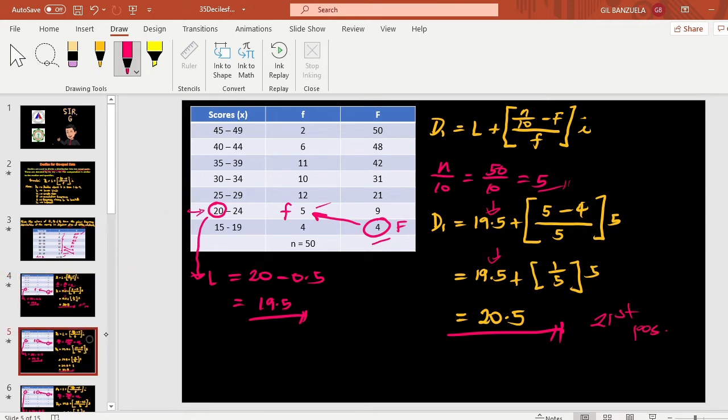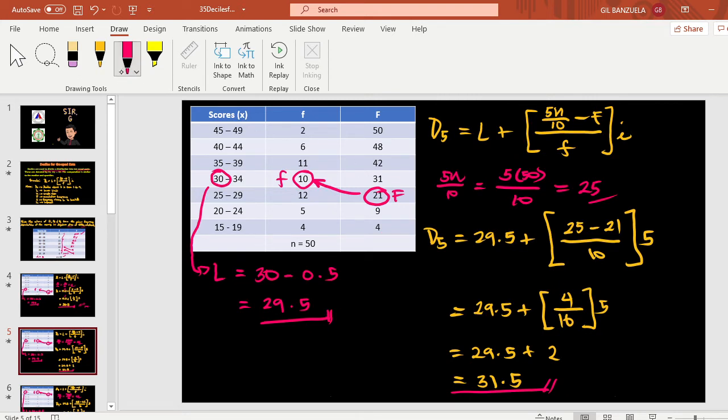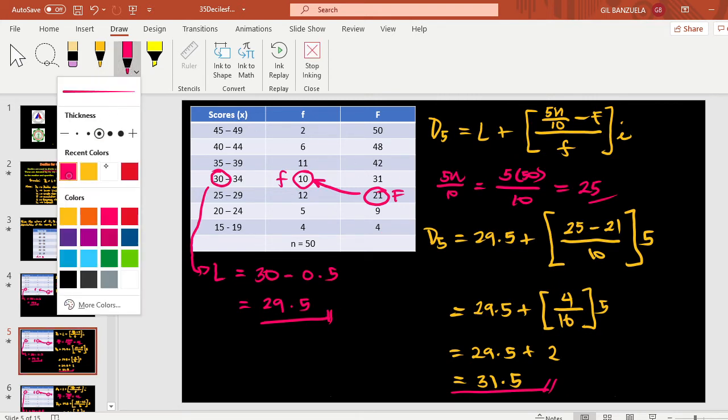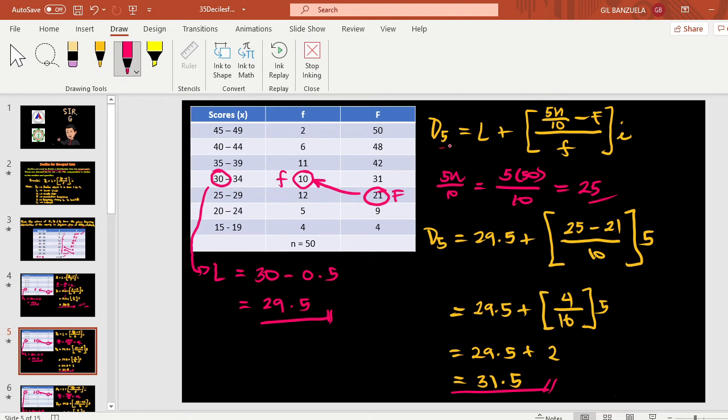Let's proceed in getting the position of decile 5. Again, in here, our k is 5, that's why we have 5 here.